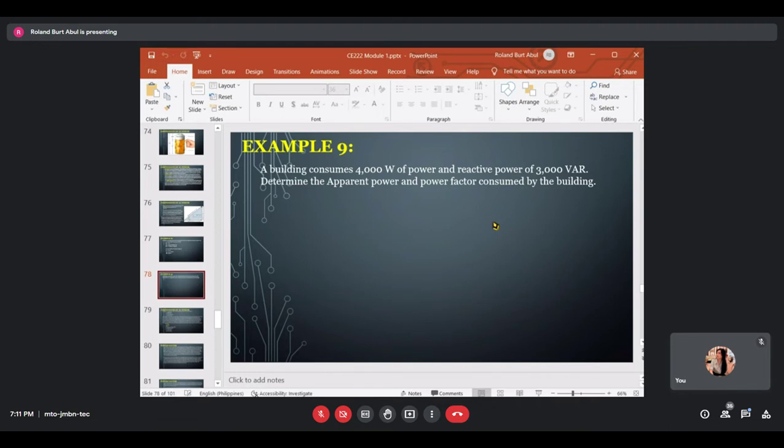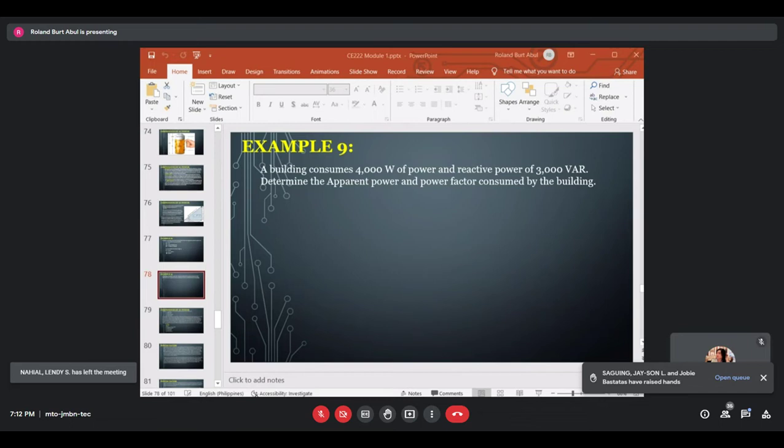What are the values of the real and apparent power? Okay, so since real power and apparent power are given, thank you for your answer, Bella. We just divide the real power by the apparent power. So, 3,000 divided by 3,600. So, the power factor is 83%.